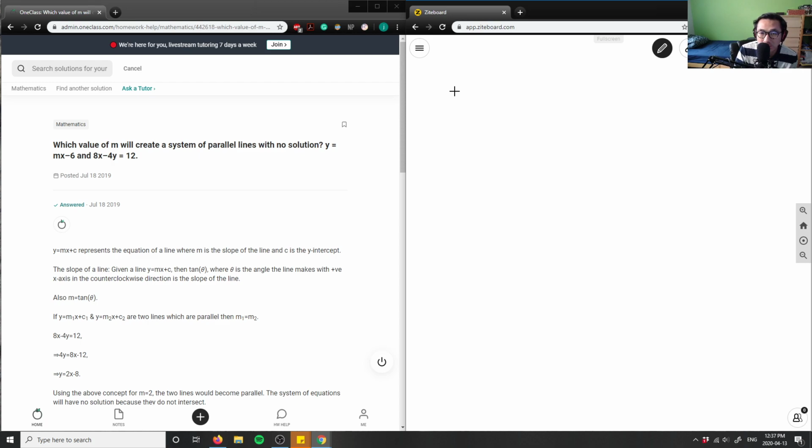Number 8. It says here, which value of m will create a system of parallel lines with no solution? So I want parallel lines with no solution.